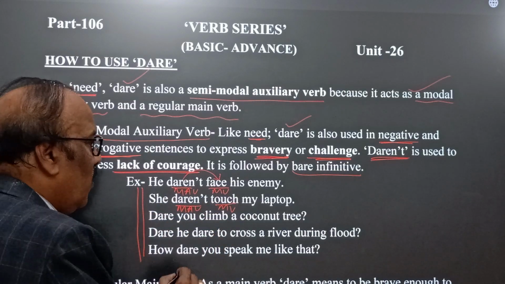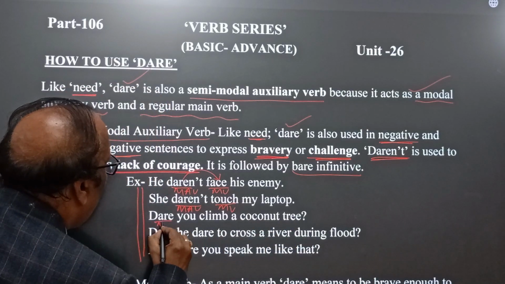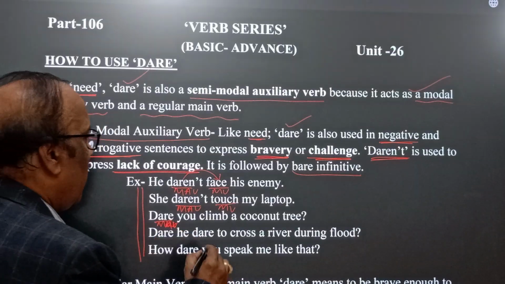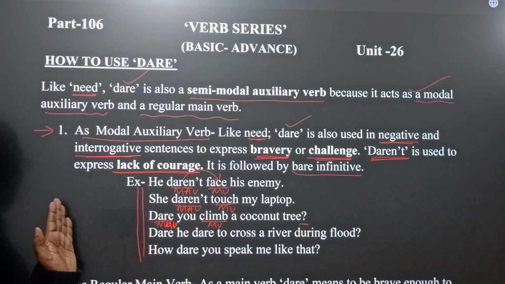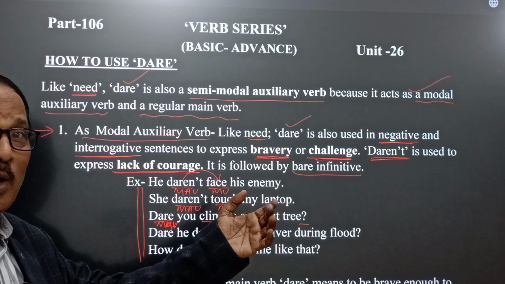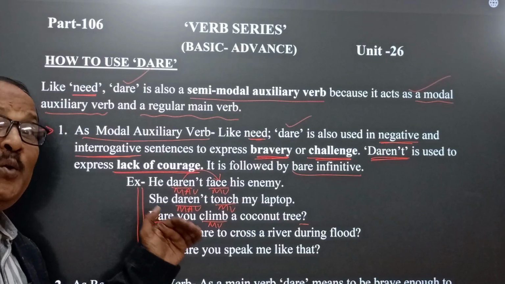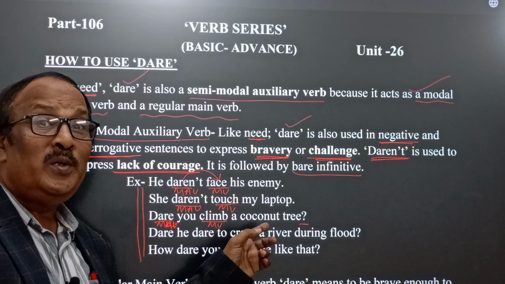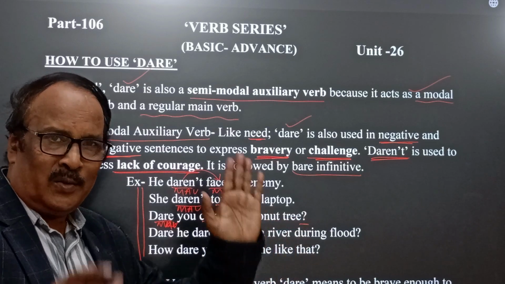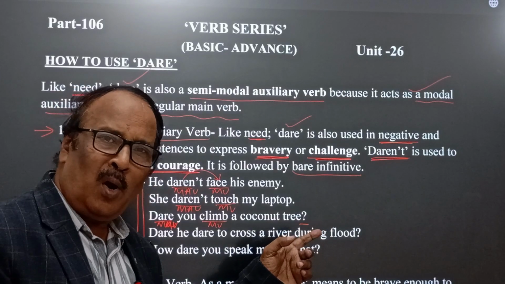Okay. Dare you climb a coconut tree? Here dare is the modal auxiliary verb and climb is the main verb. Here the question maker challenges someone whether he has the courage to climb a coconut tree. Dare has been used here in a question sentence. Dare he dare to cross a river during flood?